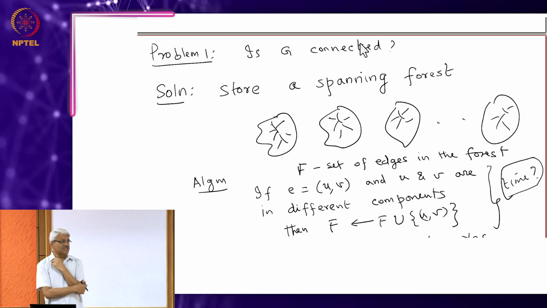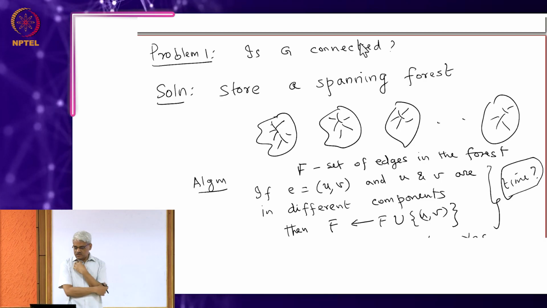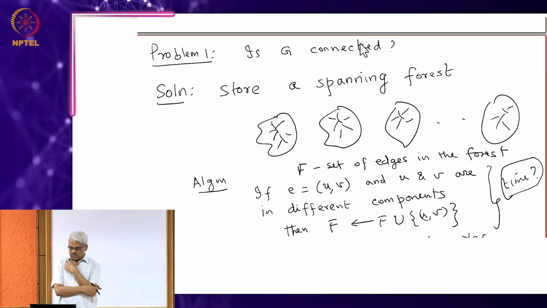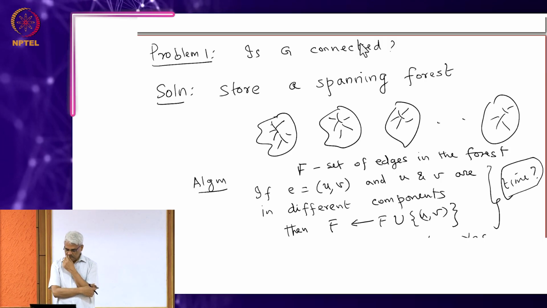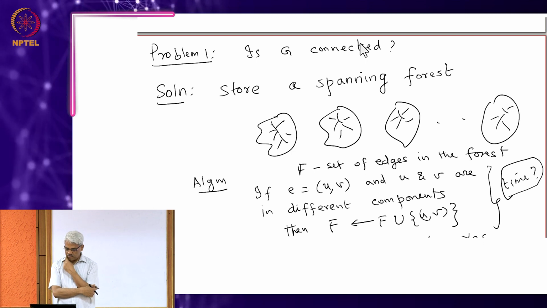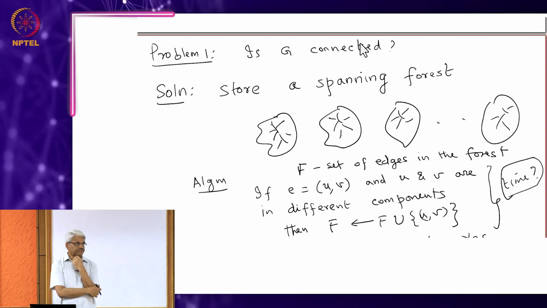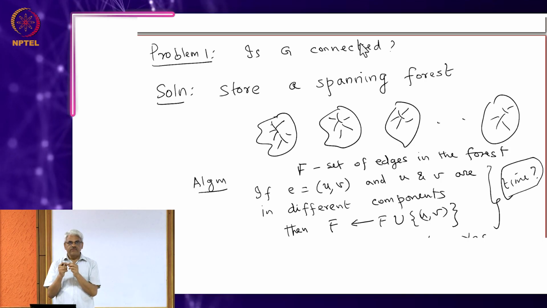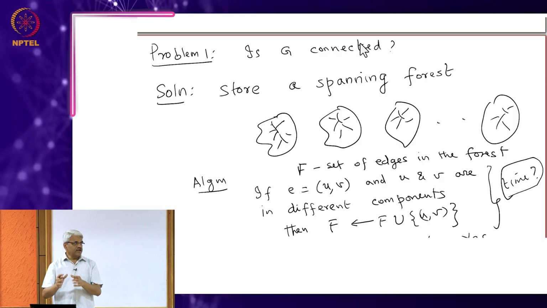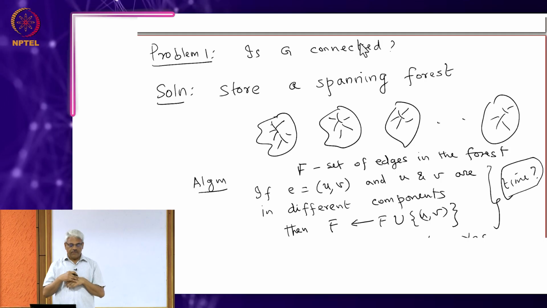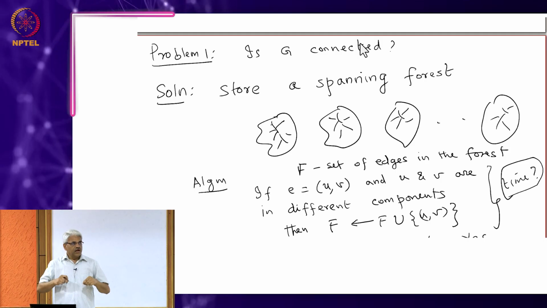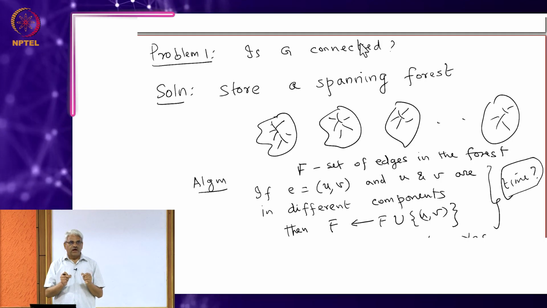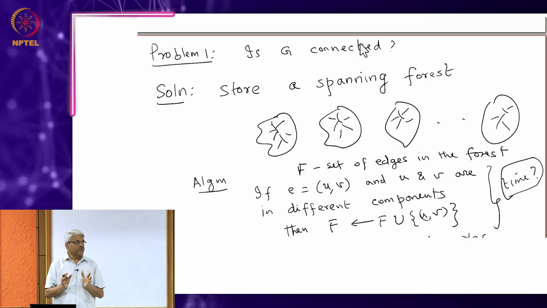Time is not such an issue for us, as I told. So suppose I maintain this spanning forest, and when an edge comes, if it connects two components, I will add it, no problem. But if the endpoints are in the same component, I can't just discard it, I need to do something, right.